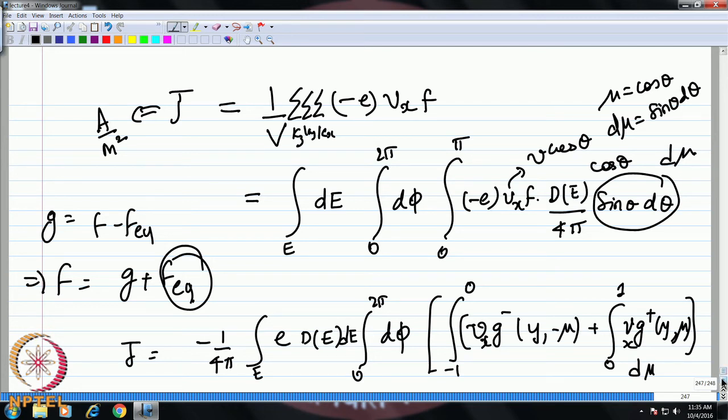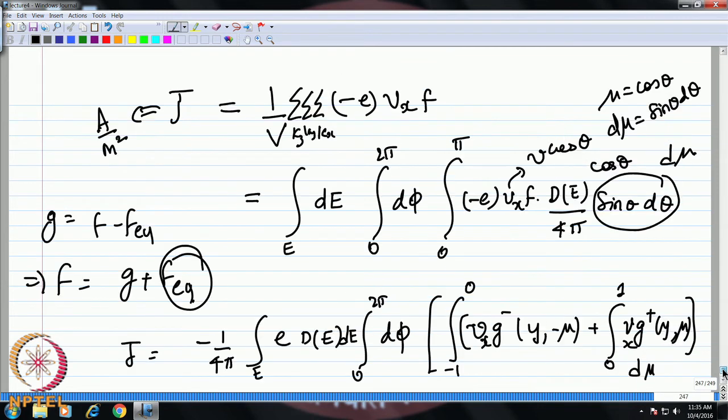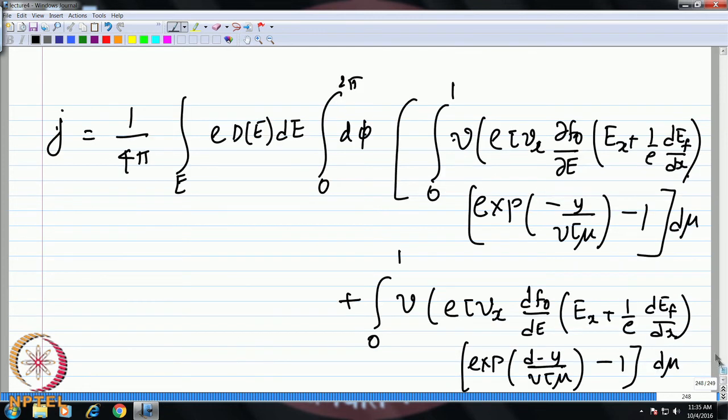So, we have Vx coming here, and therefore we will have Vx square, which is V square cos square theta, right. So, that is nothing but V square mu square. So, we can also write in terms of that.